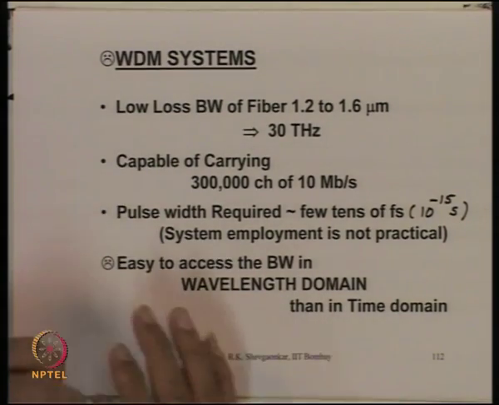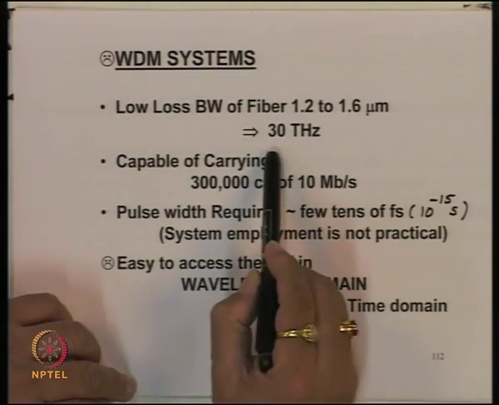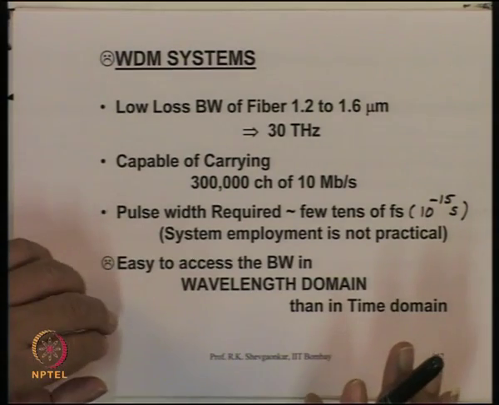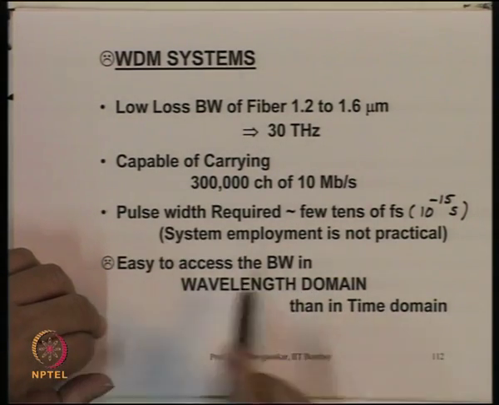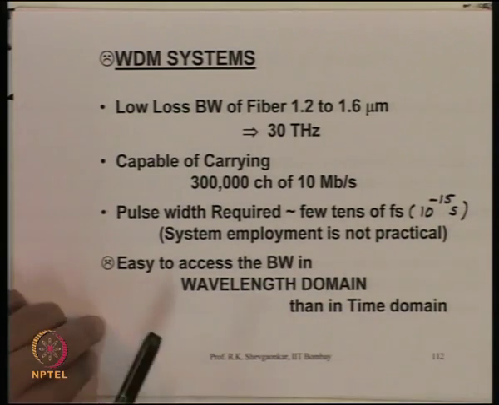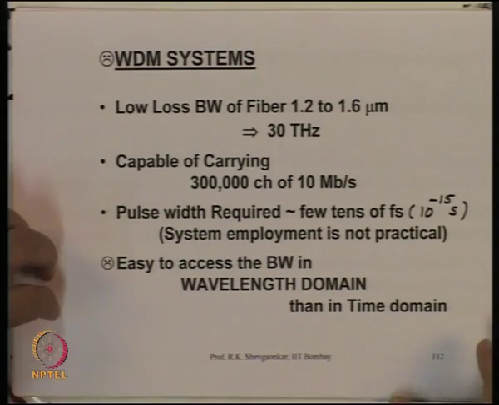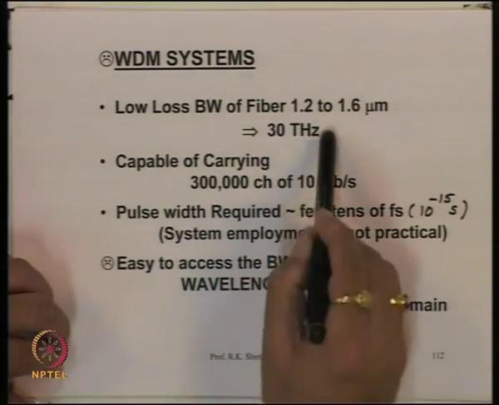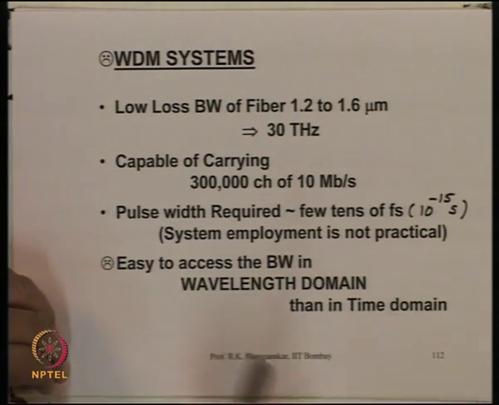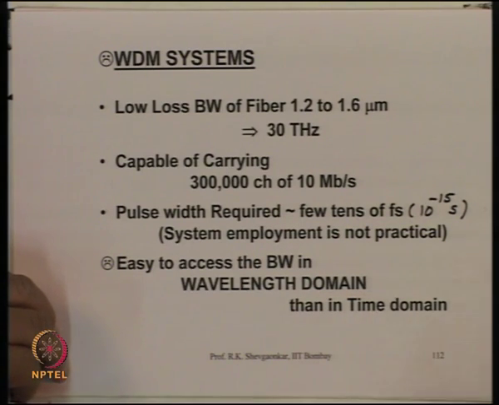So, it immediately appears that exploitation of this 30 terahertz bandwidth is almost impossible in the time domain, because we will not be able to generate pulses as narrow as this. So, the other possibility is that we use this bandwidth by dividing it into frequency bins and transmitting information independently in each bin.